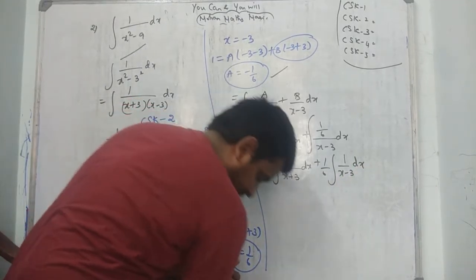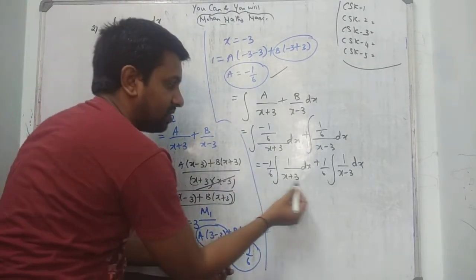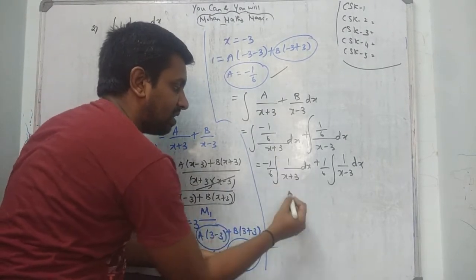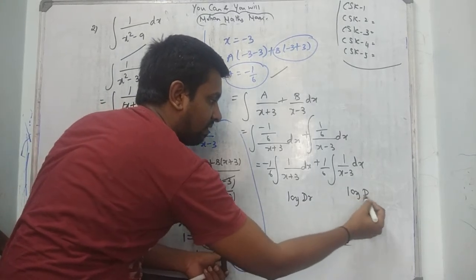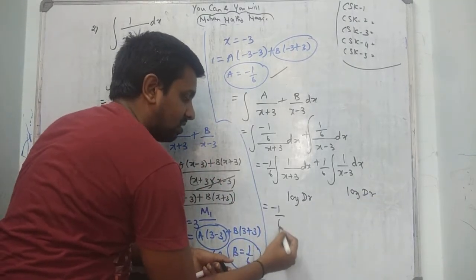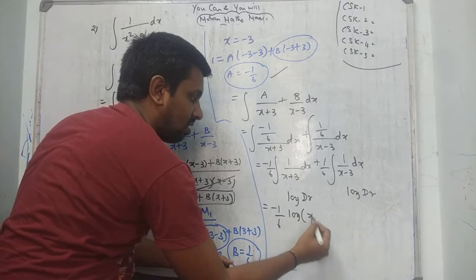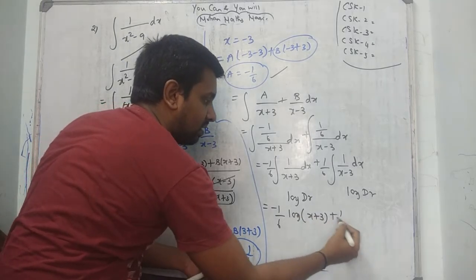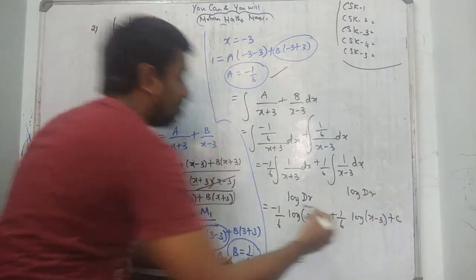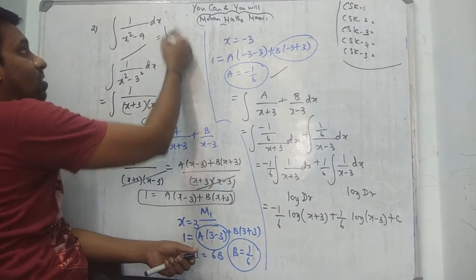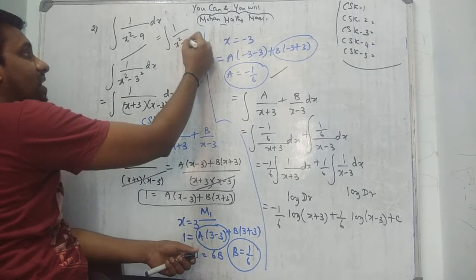If you differentiate the denominator x plus 3, you get 1, which is the numerator. So the answer is log of the denominator, and here also log of the denominator. The final answer: minus 1 by 6 log of x plus 3 plus 1 by 6 log of x minus 3 plus c.